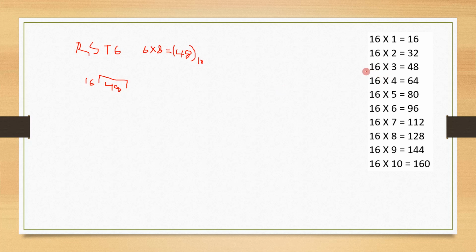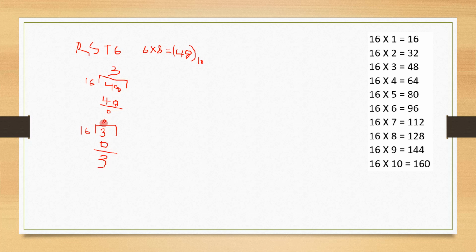So 16 3s are 48. The remainder is 0. We will take this quotient and divide it by 16. 16 zeros are 0 and the remainder is 3.